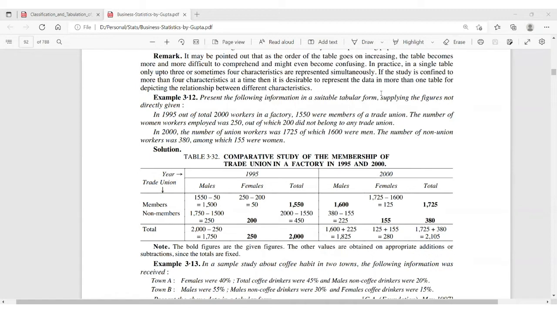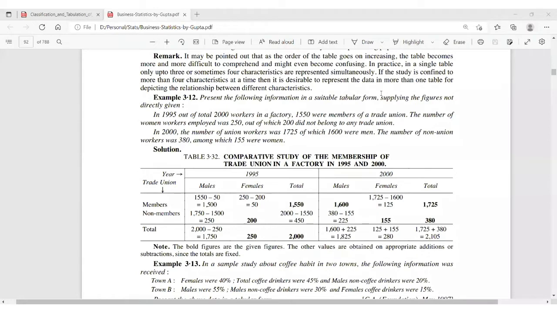The number of women workers employed was 50, out of which 200 received benefit. The number of trade union workers was 1725, of which 1600 were men. The number of non-trade union workers was 3, and 155 were women.